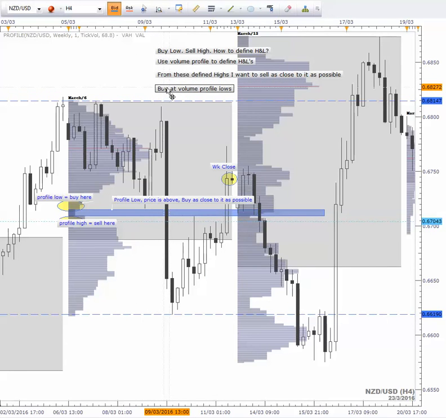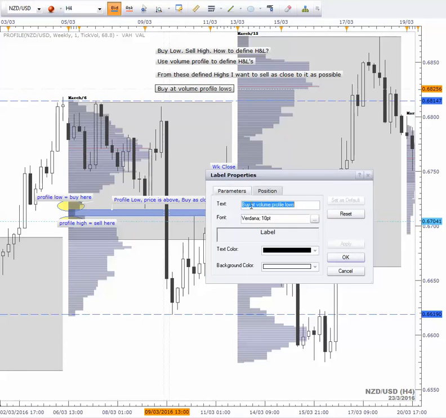And then I want to buy at the volume profile lows as close as possible.